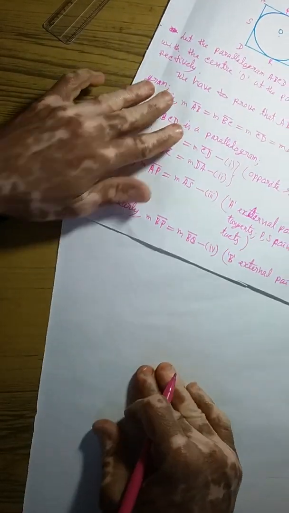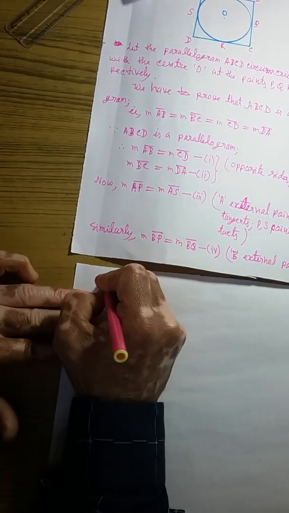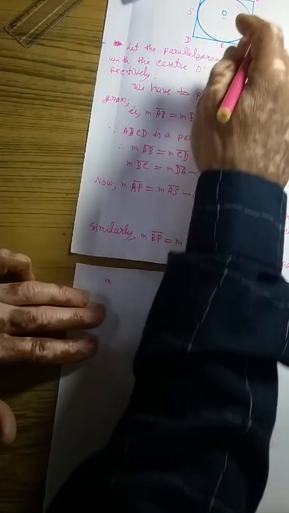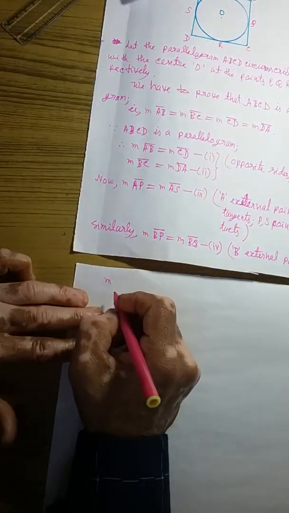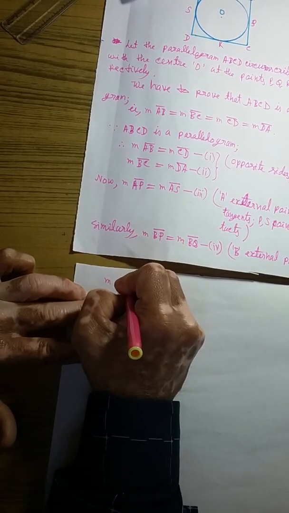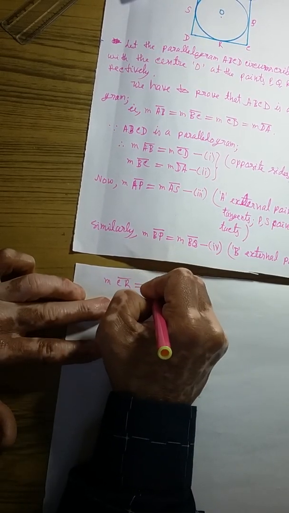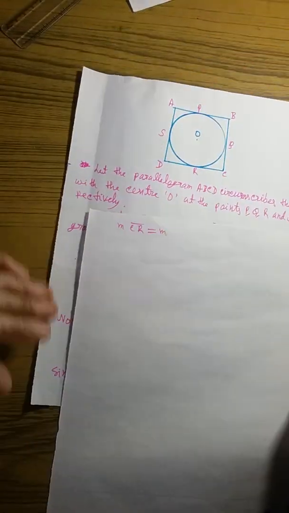After this, write in this way. Measure of CR is equal to measure of CQ.